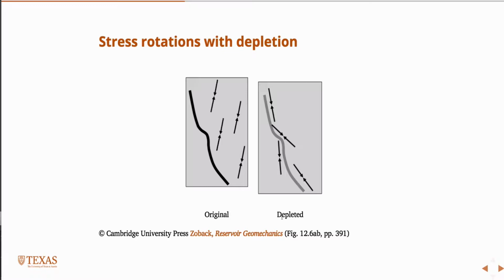So it's been observed that the far field stresses seem to reorient near the localized axes of a fault. If you imagine there's a sealing fault traveling through a reservoir, and the original far field stresses are oriented as they are here, so this would be the direction of SH max.